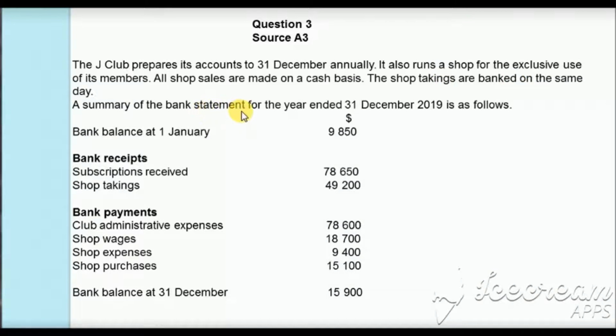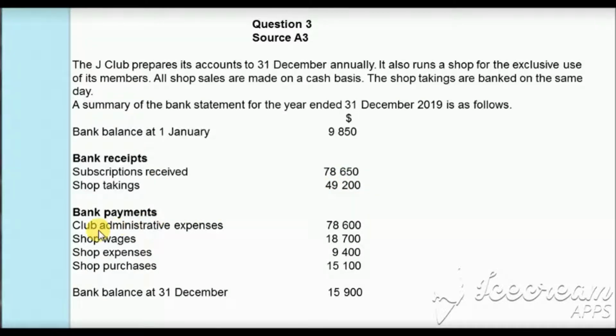The summary of the bank statement for the year ended 31st December 2019 is as follows. The bank balance at 1st January is $9,850. All the receipts are subscriptions received, which amount to $78,650. Shop takings are $49,200.